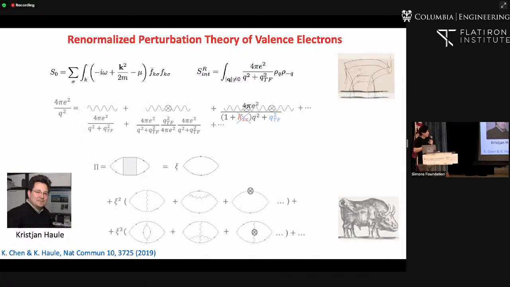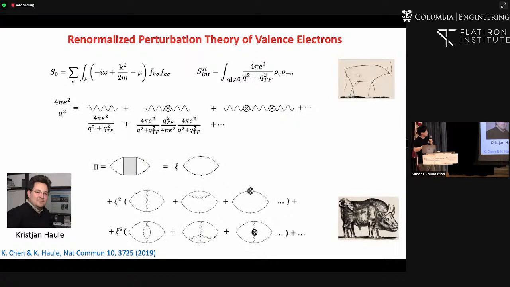And then there is a standard technique developed in high energy physics called the renormalized perturbation theory. With this theory, it is possible to add back the corrections in this model. Because we know the original model has a Coulomb interaction, right?